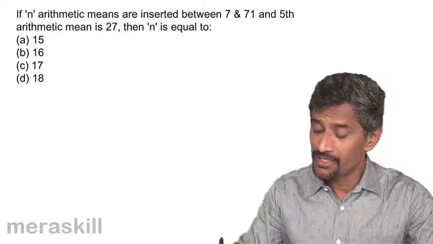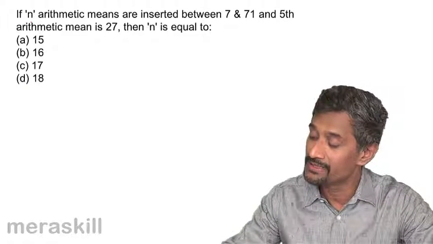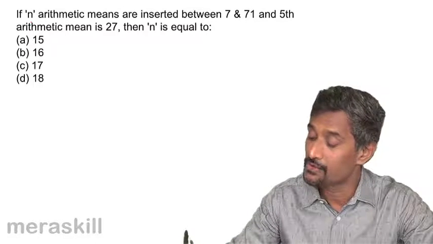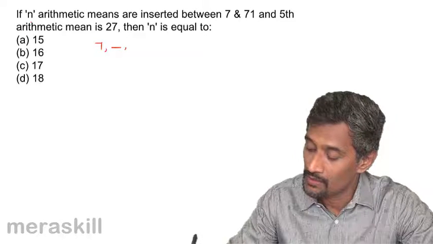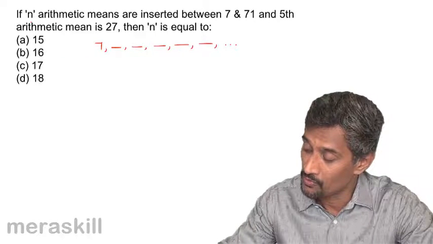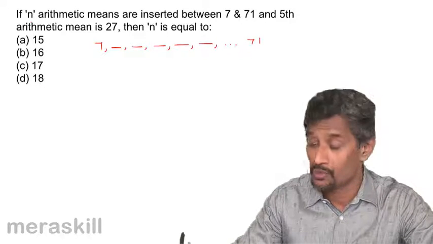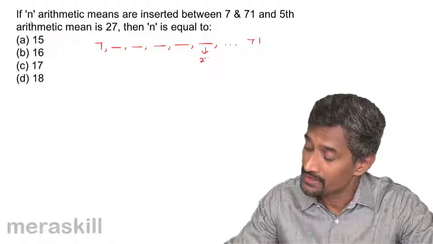The next situation here is n arithmetic means are inserted between 7 and 71 and the fifth arithmetic mean is 27. So you have 7, 1, 2, 3, 4, 5 and so on and so forth, and there is 71. So this one is 27.